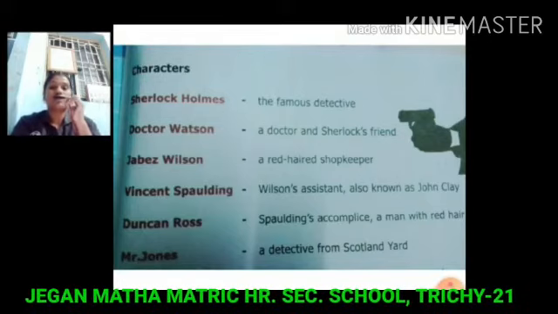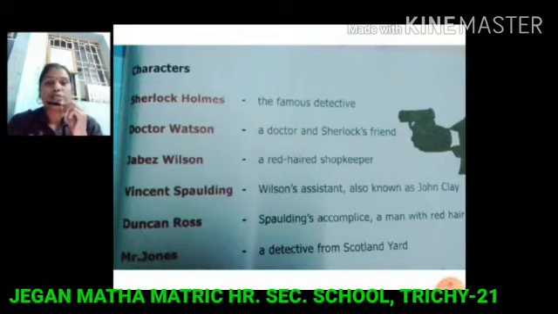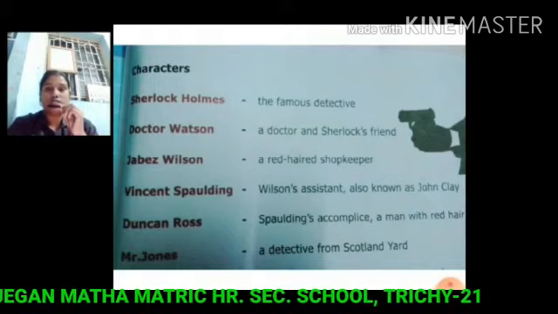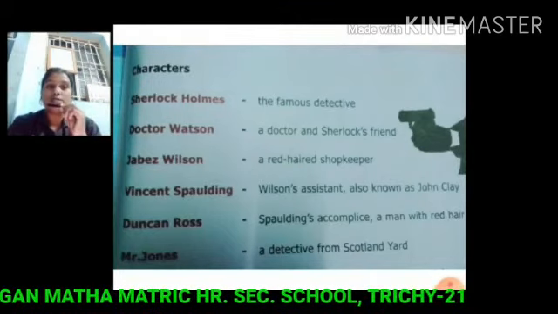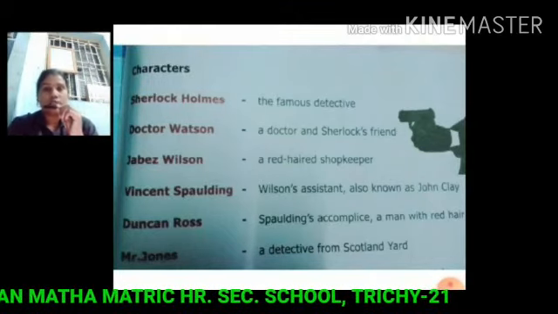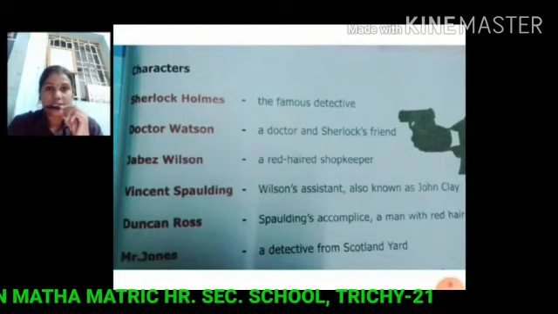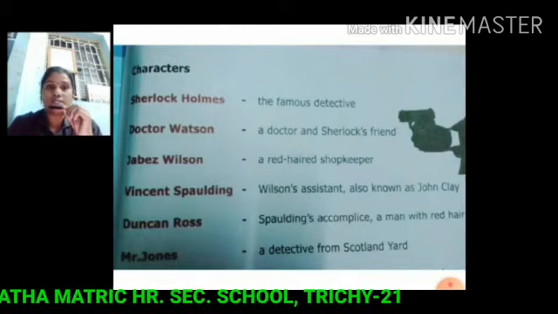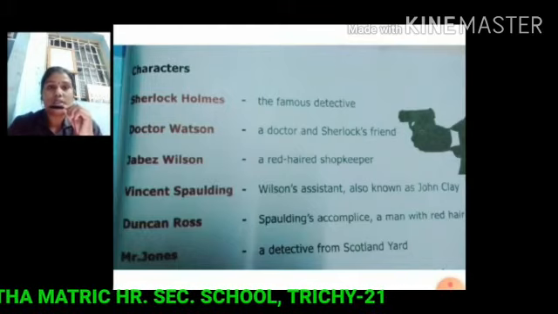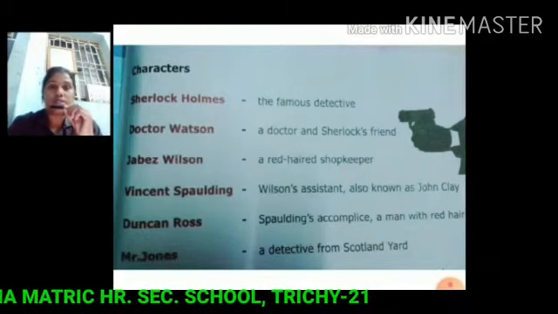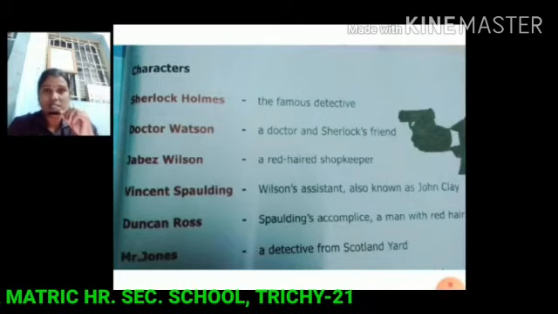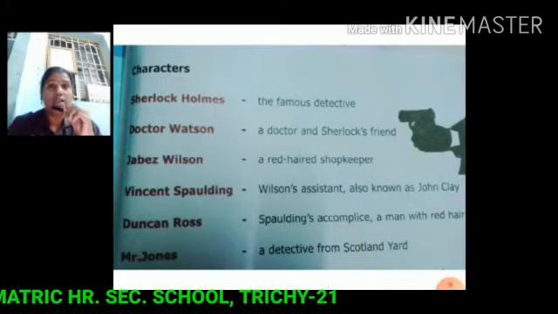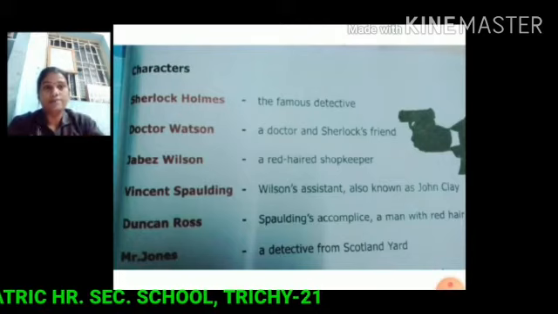He was one of the detectives from Scotland Yard. Okay. So what are the characters? Sherlock Holmes, Dr. Watson, Jabez Wilson, Vincent Spaulding, Duncan Ross, Mr. Jones. These are the characters of The Red-Headed League.